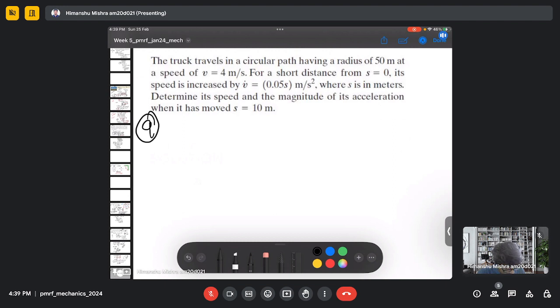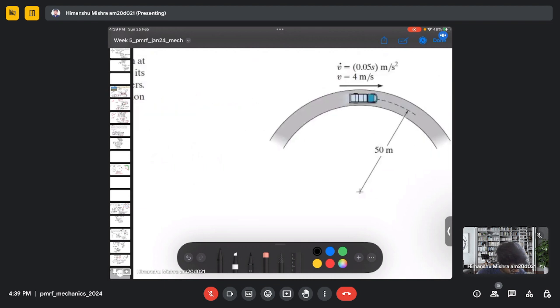So here we have given the speed v equals 4 meter per second, and we have given some acceleration, which is 0.05 s. And in the figure it is shown that the acceleration is in the tangential direction.